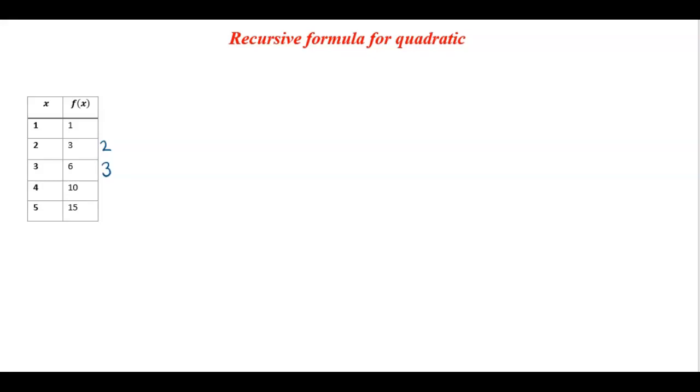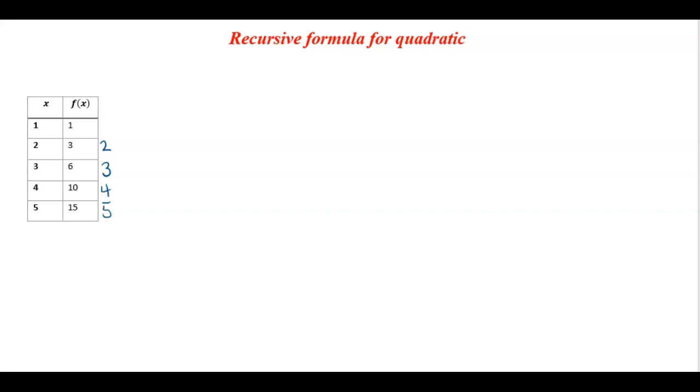From 6 to 10 we add 4. 6 plus 4 is 10. And 10 plus 5 is 15. So that's our first difference, and it's linear, it's not constant.